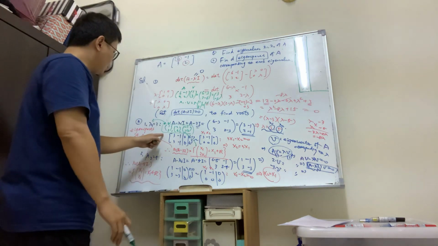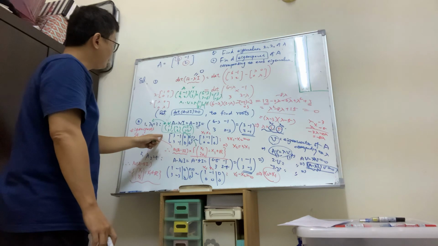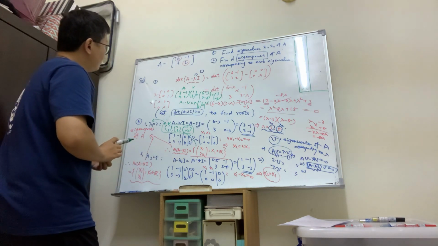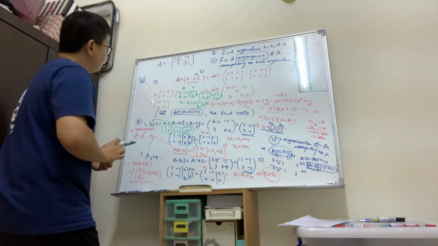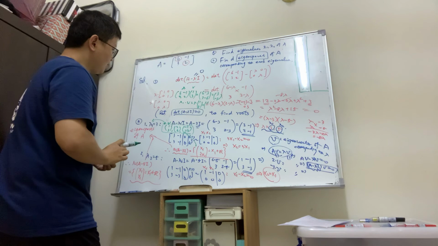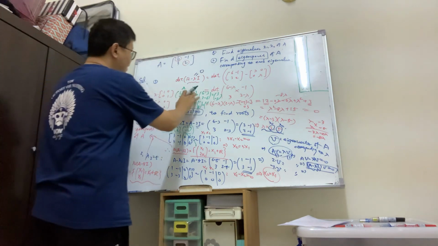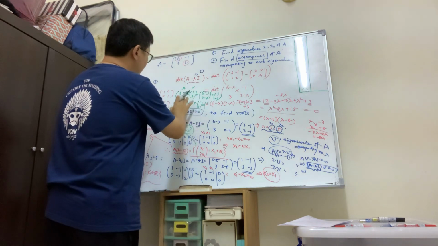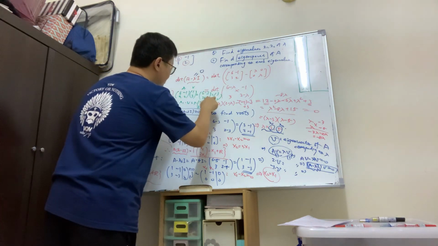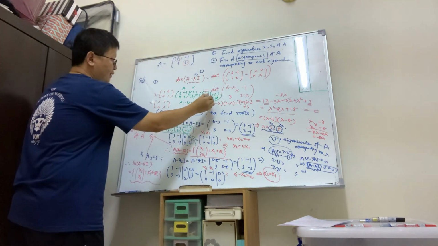And here lambda 1 times V is 3 times (1, 3), so it's (3, 9). Yeah, they are the same.